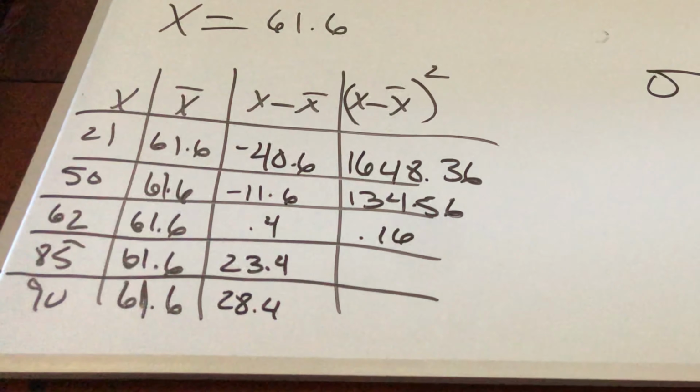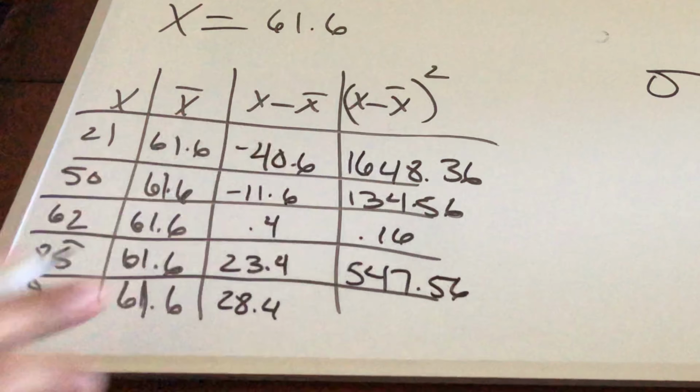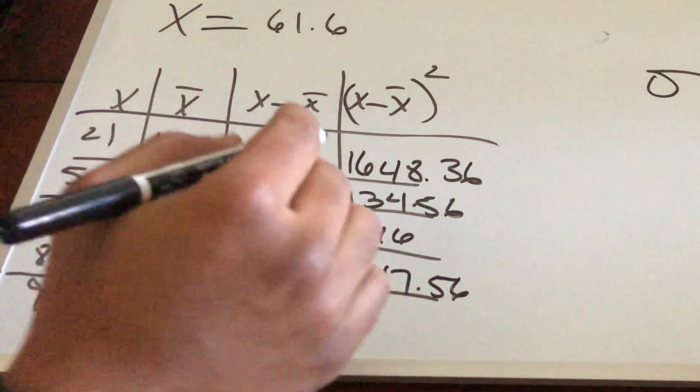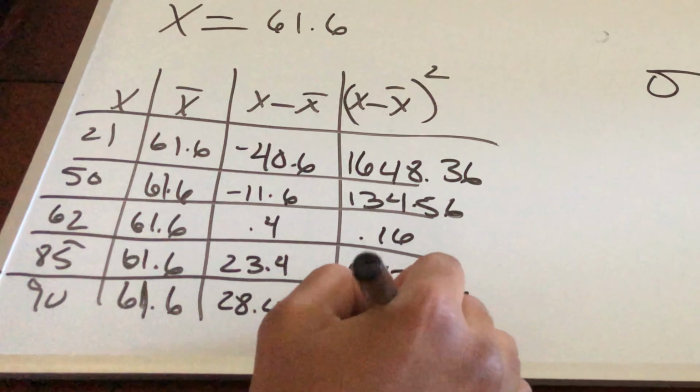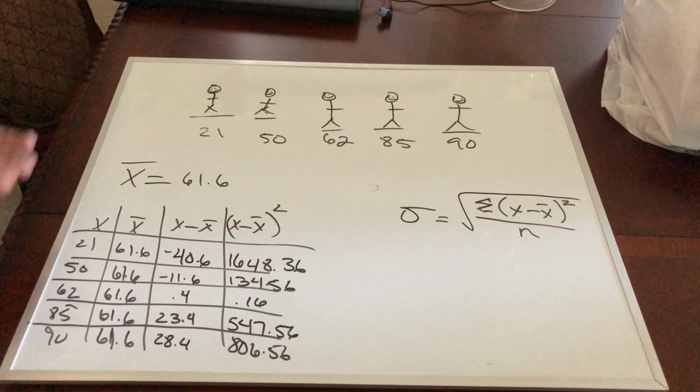And then 23.4 times 23.4, you should get 547.56. And then 28.4 times 28.4, you're going to get 806.56. Now we're going to add all these up.